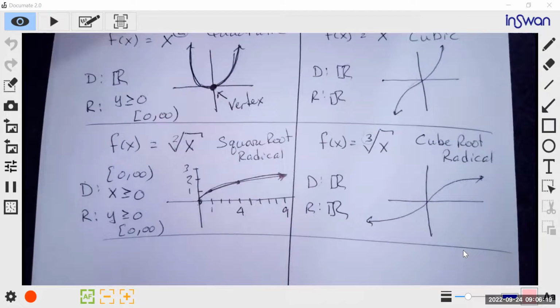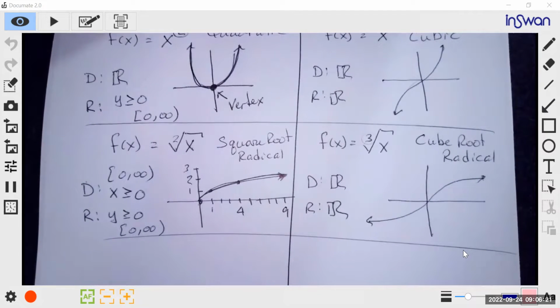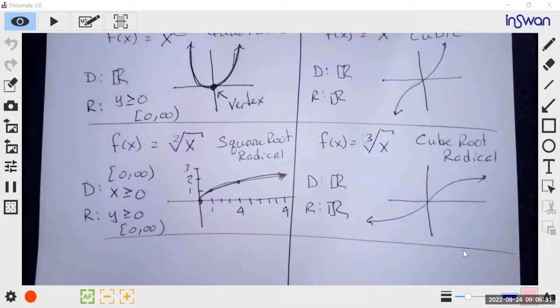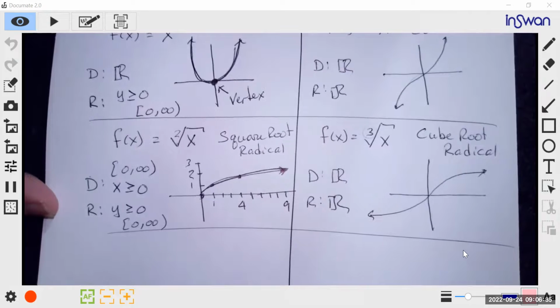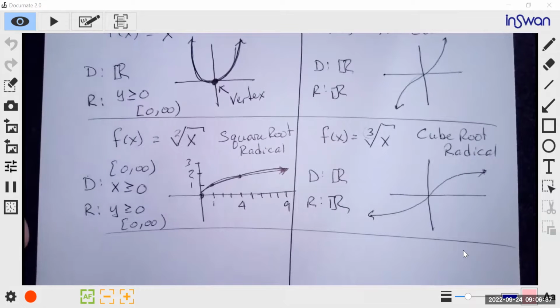It's all real numbers. So far, so good. Because I'm going to ask you all to memorize these symbols, these functions, because the faster you memorize them, the easier the rest of this course is going to be.